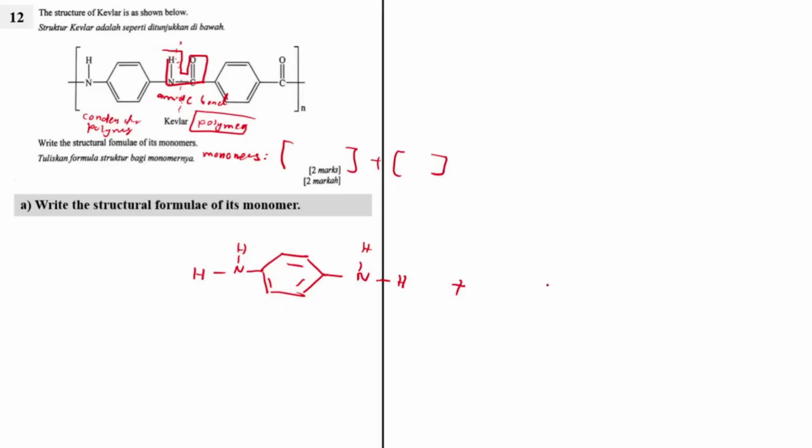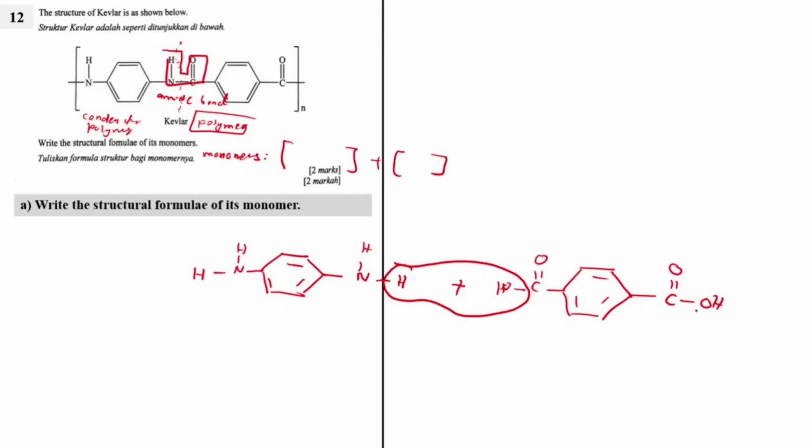And then my other monomer is gonna be like this, which is a benzene ring, and then I'm gonna get C double bond O OH, and then C double bond O OH. Okay, and from here I'm gonna remove H with OH. Same goes to the last part here and the earlier part here. So when they remove HOH, they're going to eliminate water. And this part will link together in order to form the polymer.